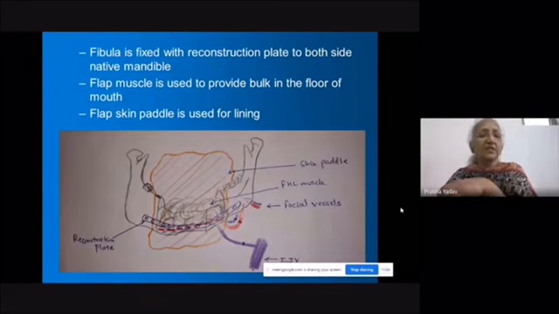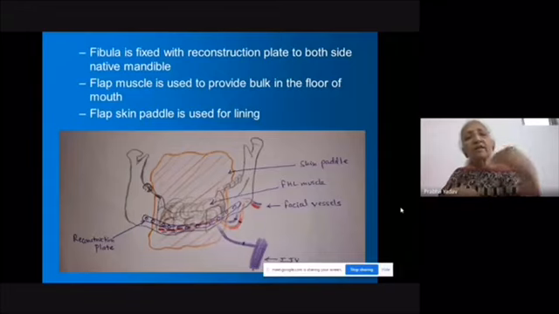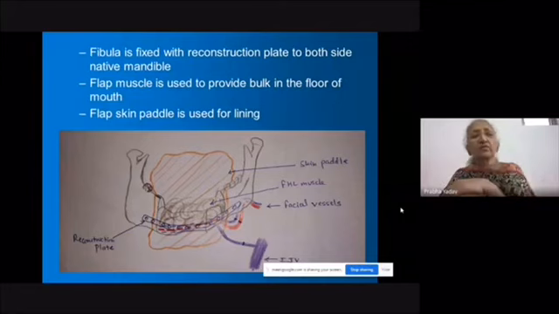See, if the patient is willing and you have the facility and the expenditure is not a problem, I think primary dental implant is advisable because the dental rehabilitation becomes much faster. It will get integrated like your plates and screws. And the loss is, if you lose the flap, then you lose the implants also. That's the main thing.